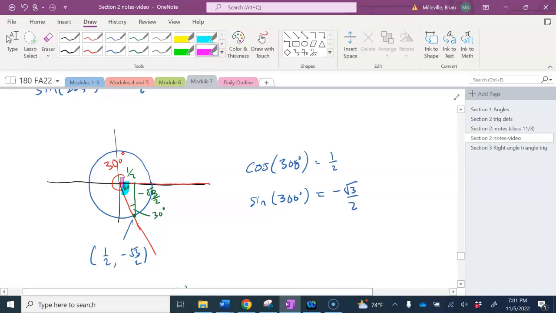Why? Because we're going right and then down. So x is positive, y is negative. So we can therefore label the point, it's done below here, positive 1/2, negative square root 3 over 2, and therefore we know the values for cosine and sine based off the definition.